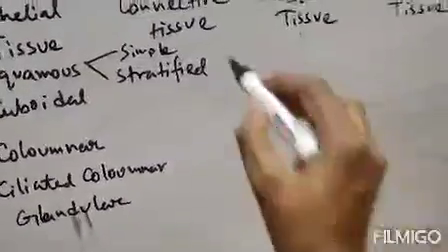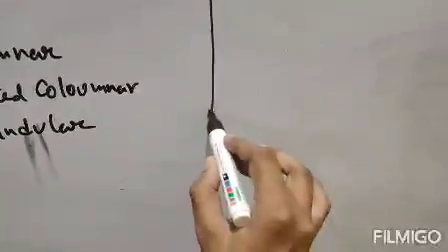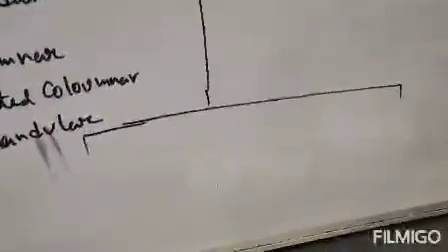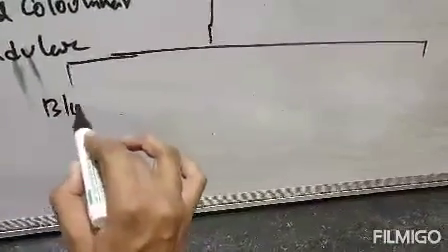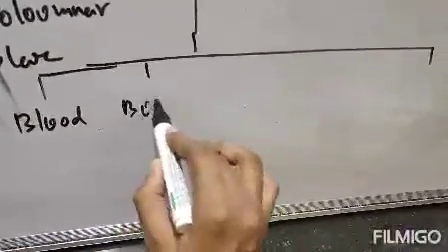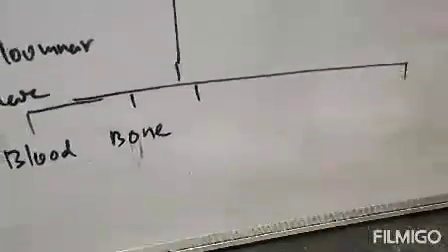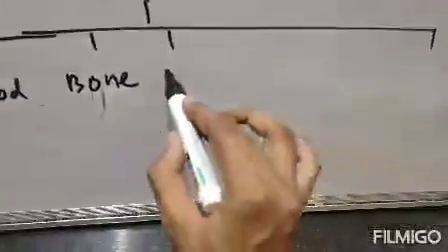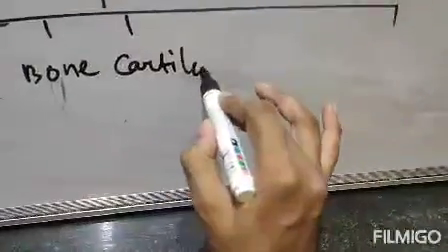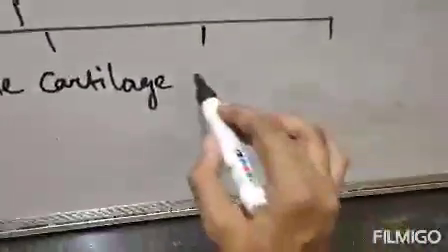Coming to connective tissue, it is further subdivided into many parts. Number one is blood. Second is bone. Third is cartilage. Fourth is tendon.